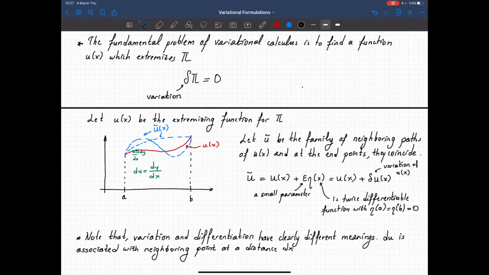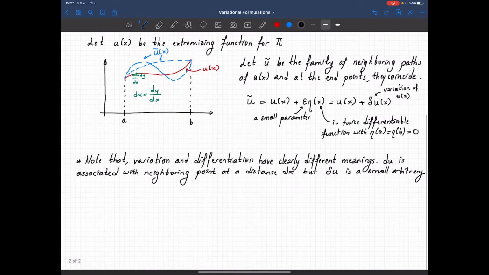But variation in u is a small arbitrary change in u for a given x.